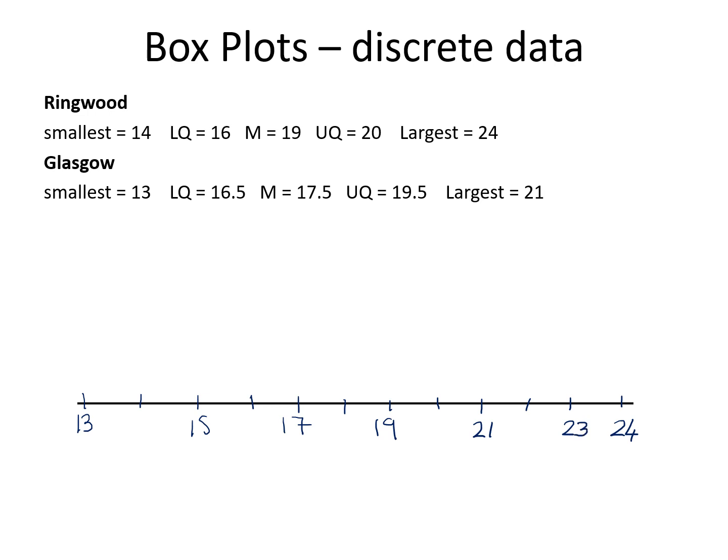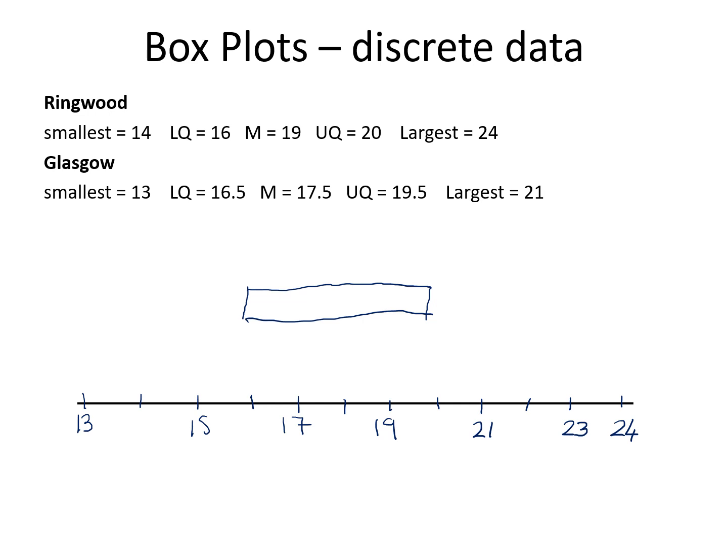So we draw the Ringwood one first. So remember, the box is made up from going from the lower quartile to the upper quartile. So it goes from 16 up to 20. You're obviously going to be using a pencil and a ruler. It will be so much nicer than my box there. That goes from lower quartile 16 to upper quartile 20.